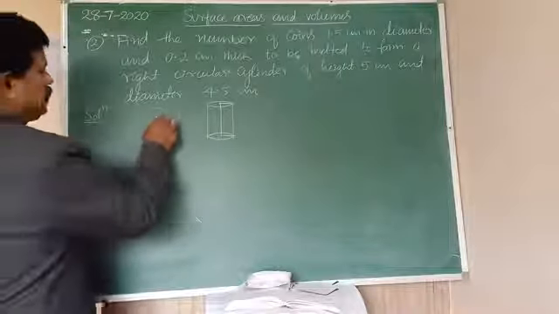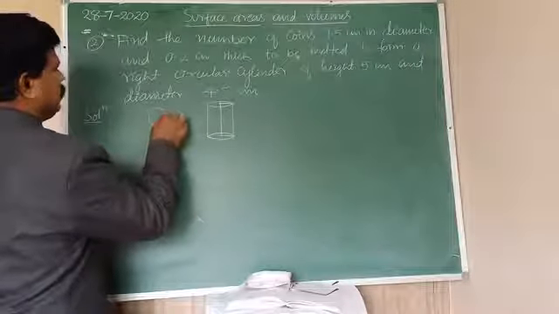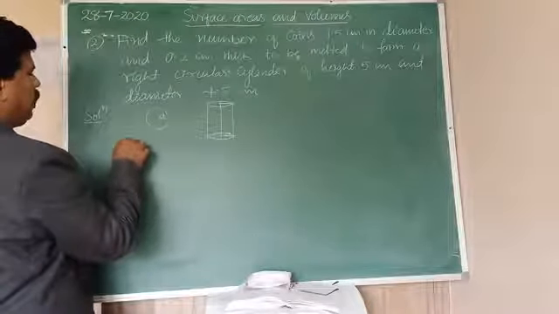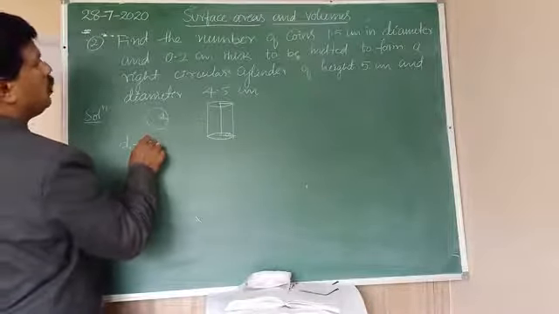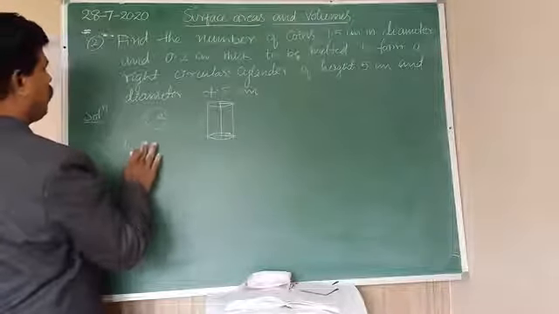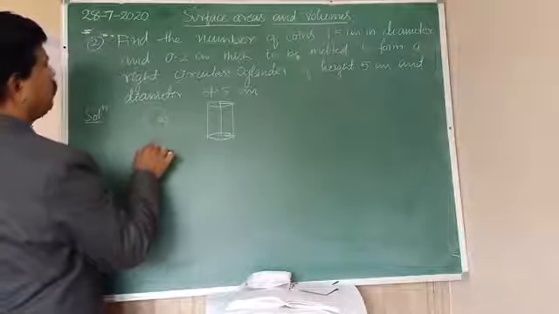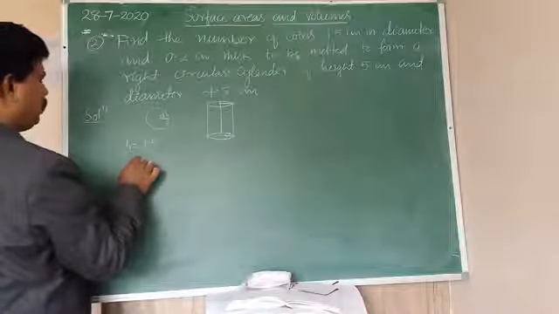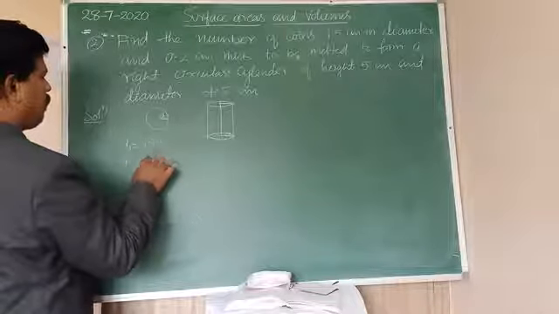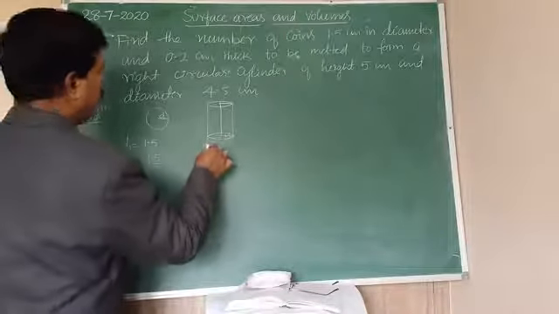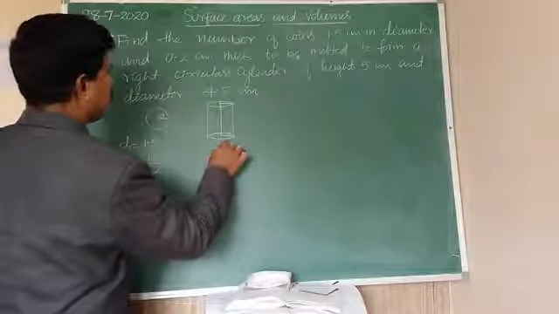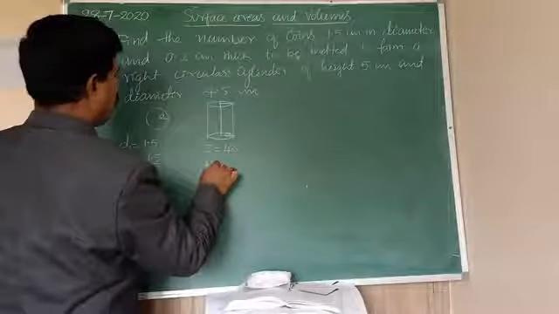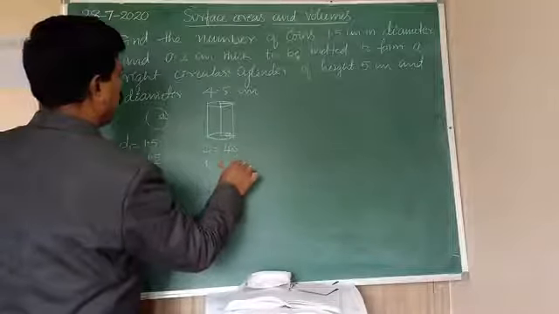So in both the cases they are given the diameter. First convert that. D1 of this is 1.5 centimeter. Then r equals 1.5 by 2, and in this D equals 4.5, and capital R equals 4.5 by 2.